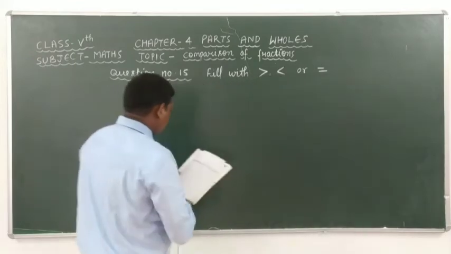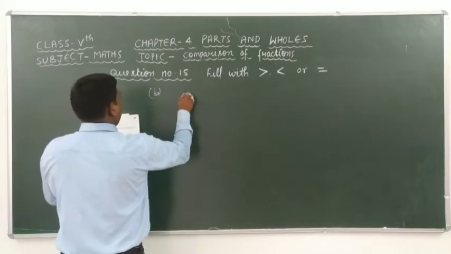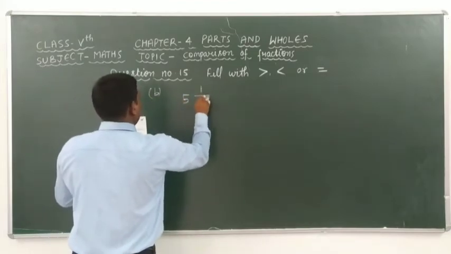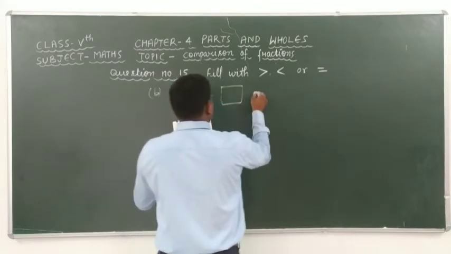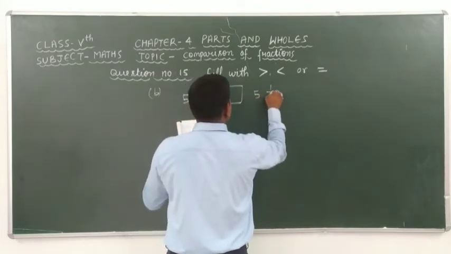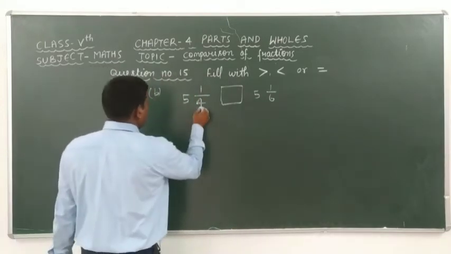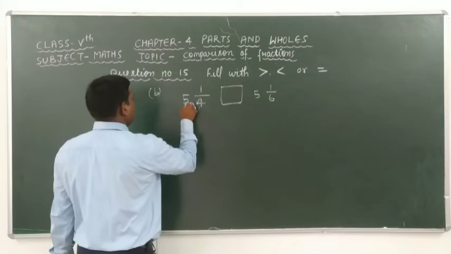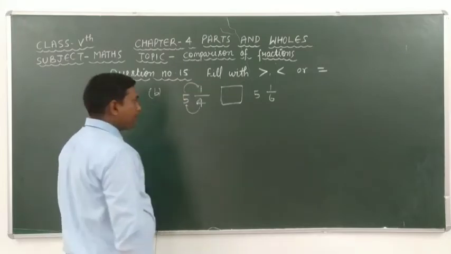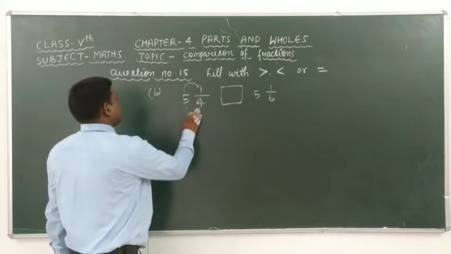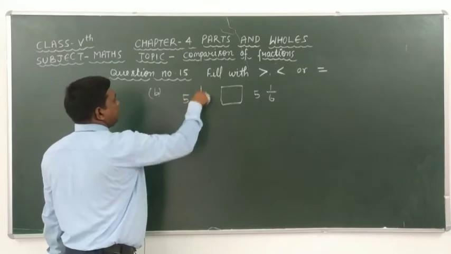Okay, we are given that question number 15 of B is 5 mixed 1 over 4 box 5 whole 1 over 6. Dear students, this is a mixed fraction.